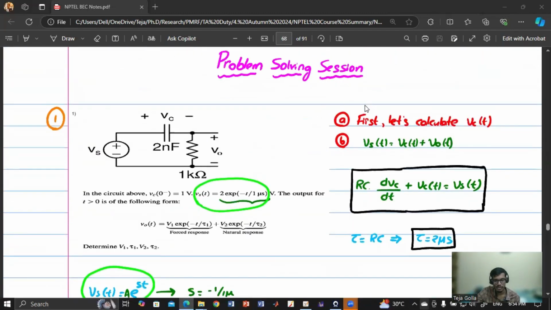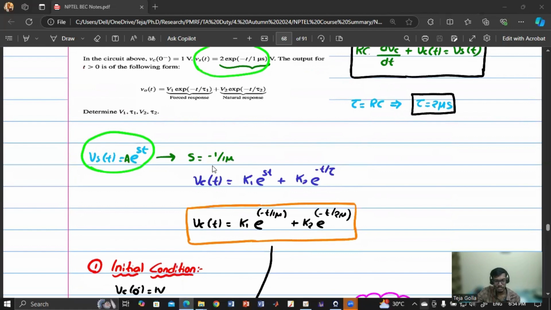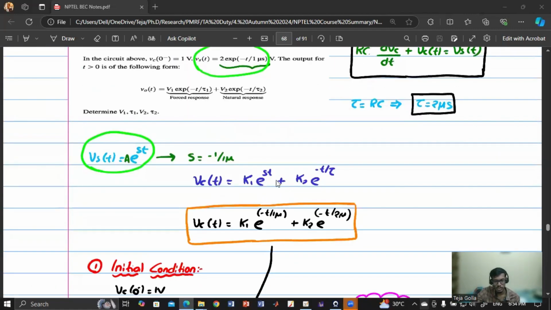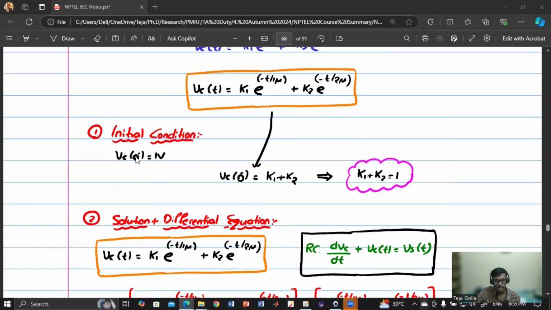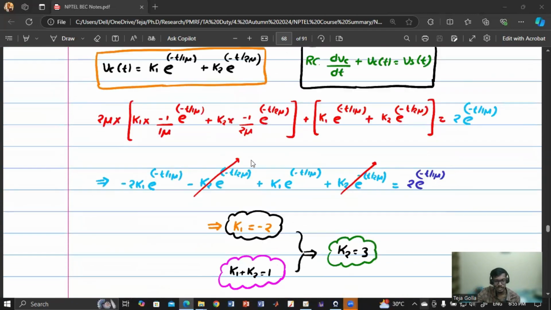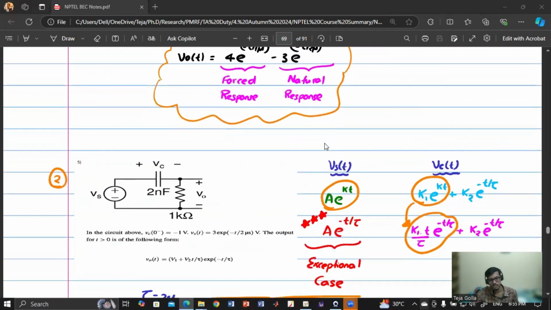For any given question, first we write it in terms of this equation: one is a scaled version of the forcing input, another is a scaled version of e to the power minus t by tau. Using the initial condition you get one equation, and by substituting the solution in the differential equation you get another equation. Two equations, two unknowns, solve for it.